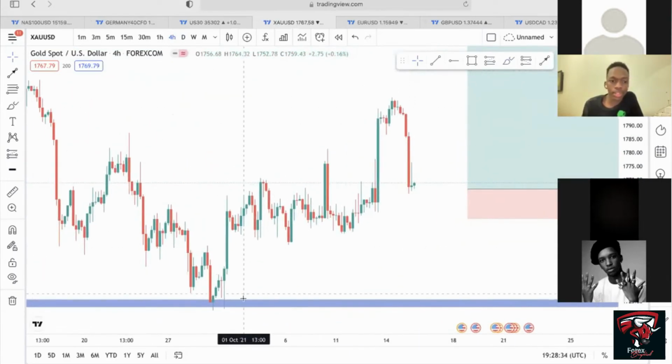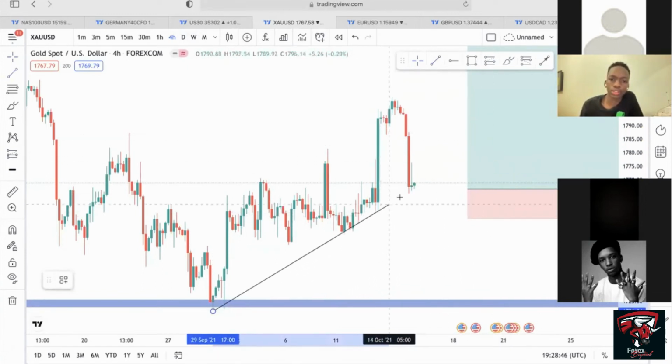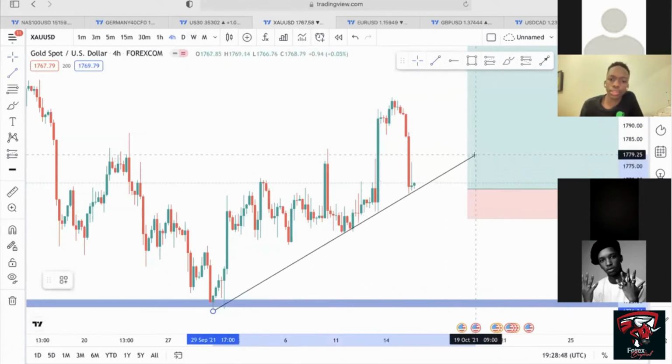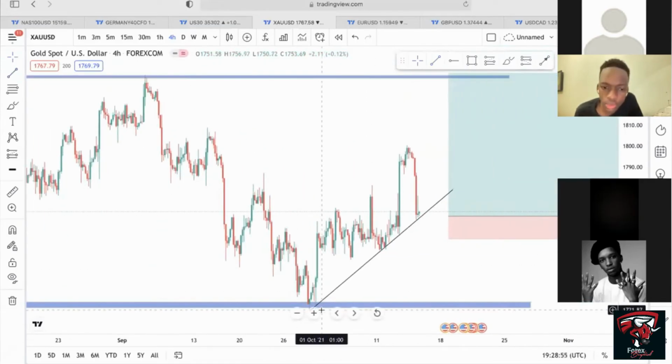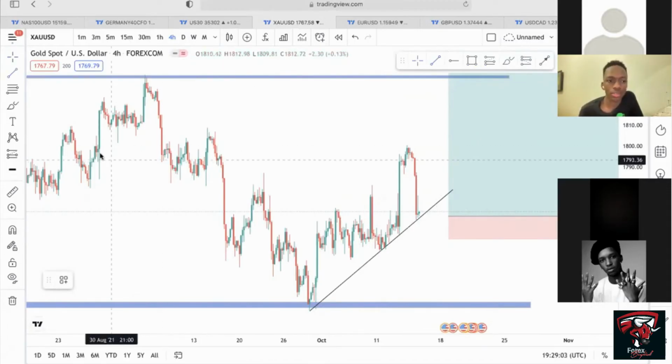You can see we have clean, obvious lows. 1, 2, 3. So we have 1, 2, 3, 4 touches on the trend line. It's the same for the opposite side.